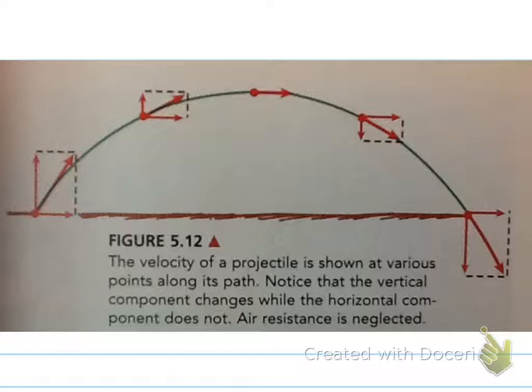So what we're talking about here again is our vertical, that's our up and down. And that's going to be acted upon by gravity. And notice it changes. Here's the length of it, or the relative magnitude. And notice that our magnitude or our size of it is changing.